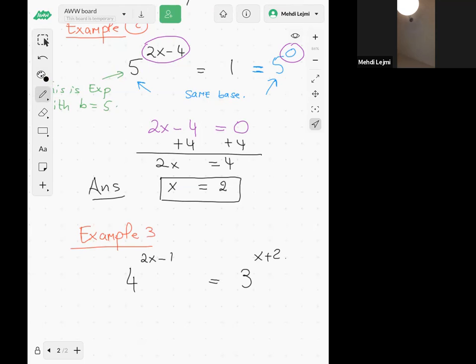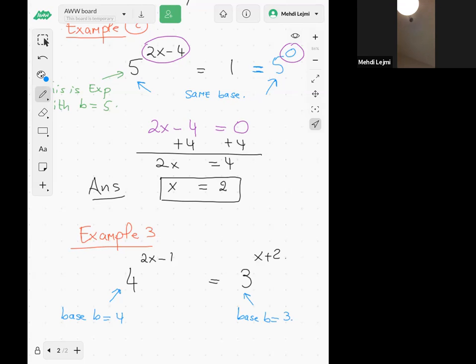Well, this is again an exponential equation, because on the left side we have an exponential function with base b equal to 4, and here an exponential with base b equal to 3. So in this case, the bases are different. And that's a kind of problem, because if the bases are different, you cannot say that the exponents are equal.